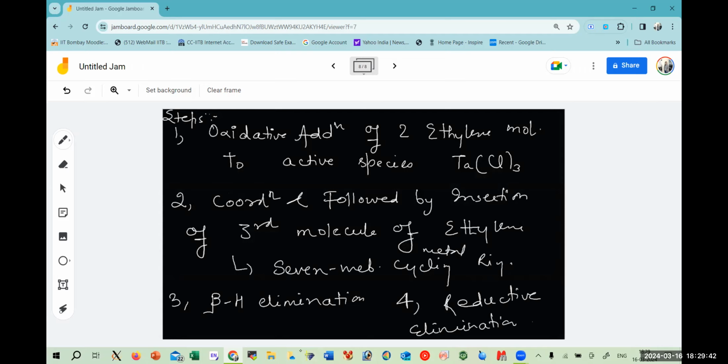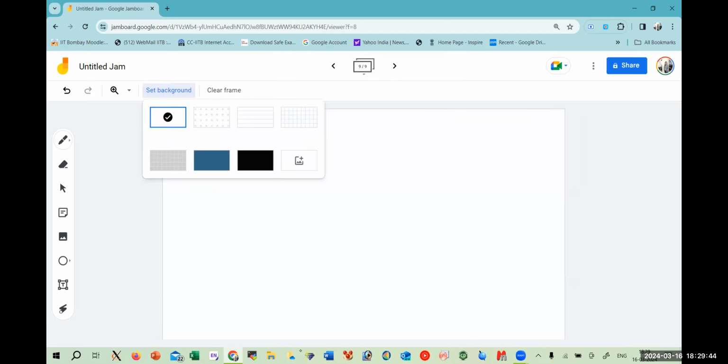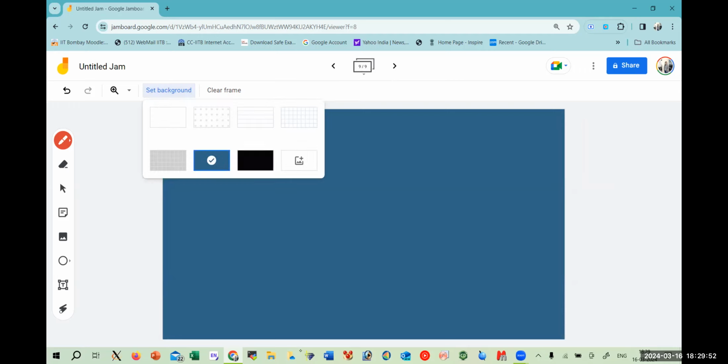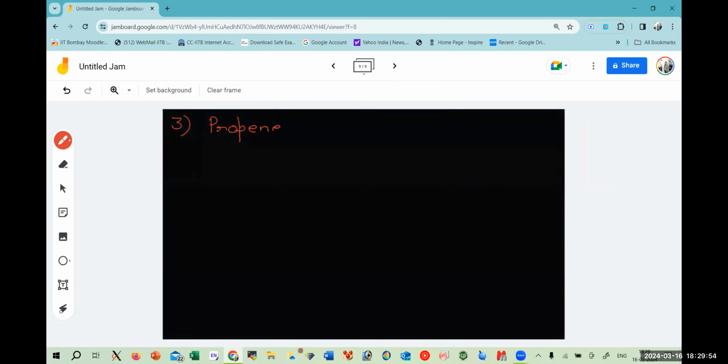Now we will move to our next topic of today's discussion, which is propene dimerization. What we saw earlier was ethylene trimerization. Now we are going to see how propene dimerization will happen.